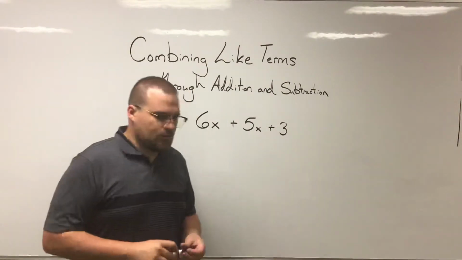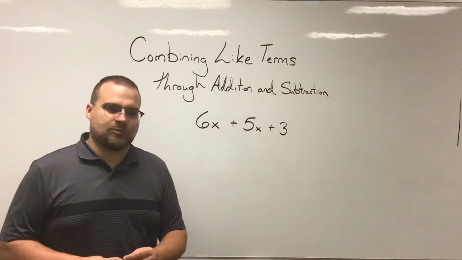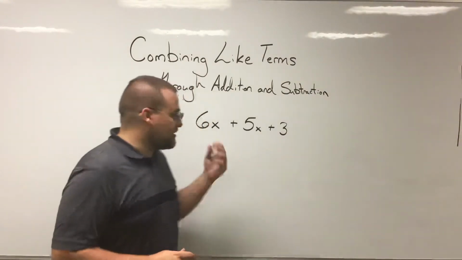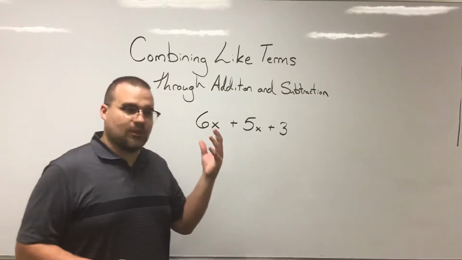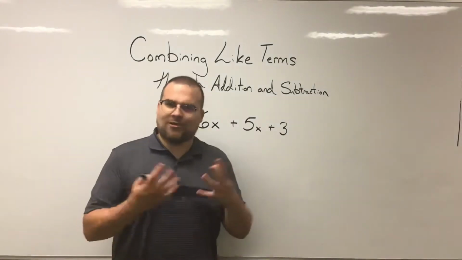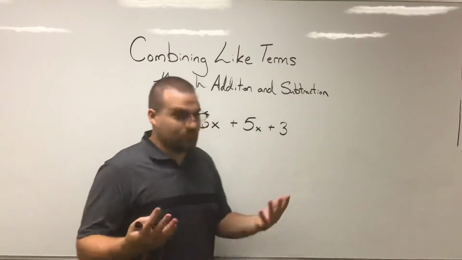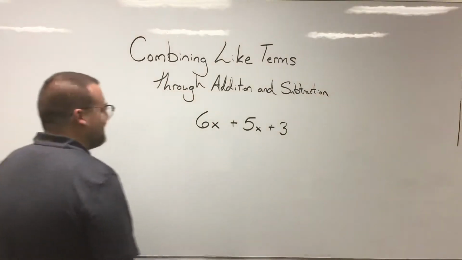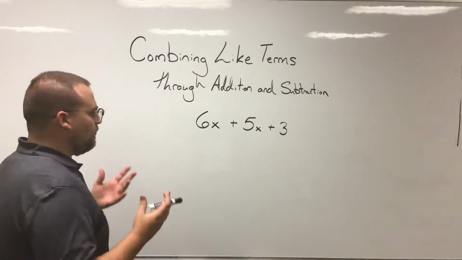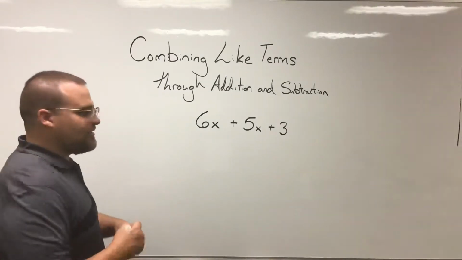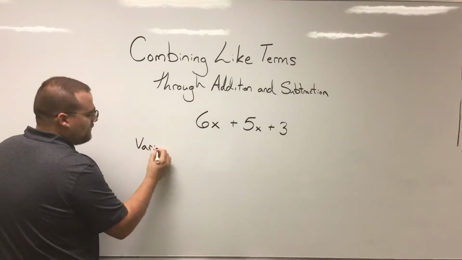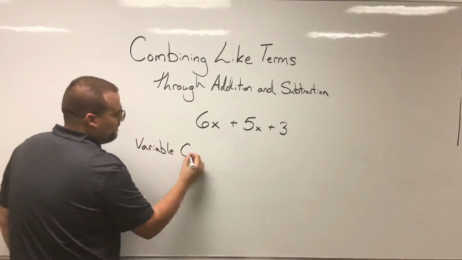You see, to combine like terms, we have to have 2 things be the same about our terms. Sorry, I know I'm using the word terms a lot here, but it comes up. It's a popular term. So, what I like to say is that our terms have to have the same variable configuration.